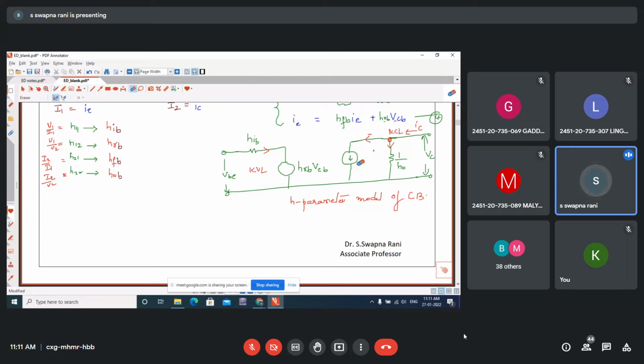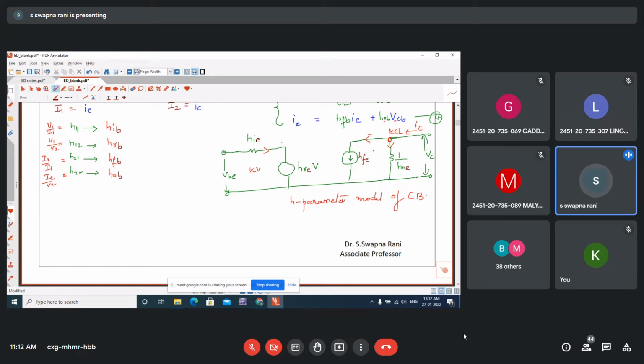Just I am removing this. All of you see here, earlier we have written here HIB. Now we are going to write HIE, and here HRE, and here HOE, and here HFE.